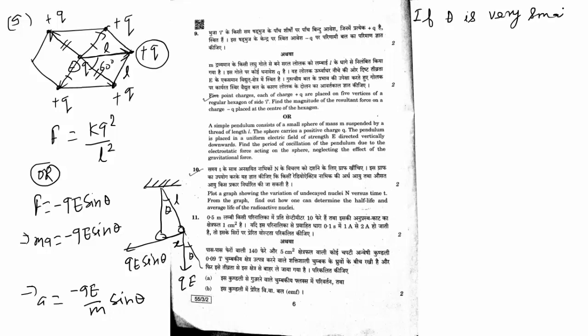This implies that MA is equal to minus QE sin theta, so A is equal to minus QE by M into sin theta. If theta is very small, sin theta is approximately equal to theta, and we get A is equal to minus QE by M into theta.